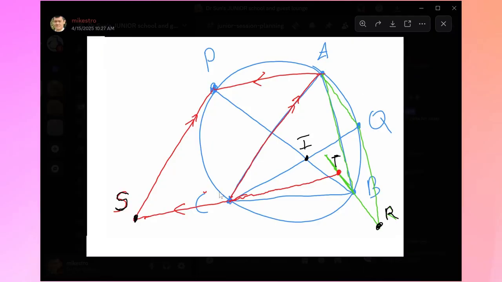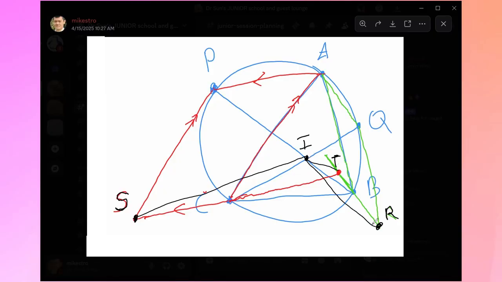Okay, so one problem you might run into is that I is not connected to anything, right? So to get angles, like you might have T, this one's already good. T is already making an angle with S and R, right? But I isn't, so you might want to draw in lines so that I can go to S, it can go to T, it can go to R, right?